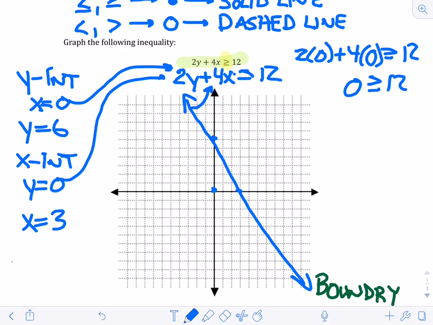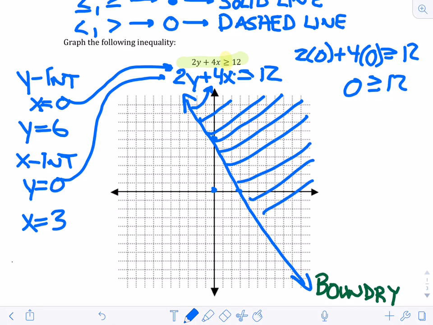So when you check a point, such as 0, 0, and it's not true when we have our inequality, then we want to shade away from that line. So if we were to shade to 0, 0, we would include it. So we're going to shade all of these points and this whole area away from 0, 0.